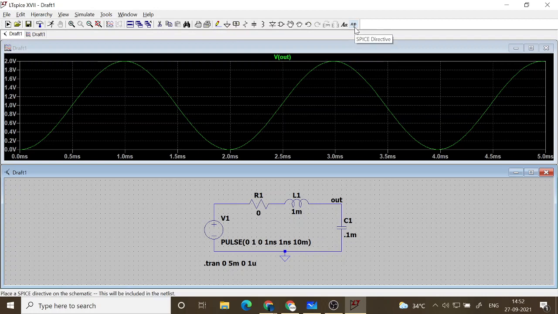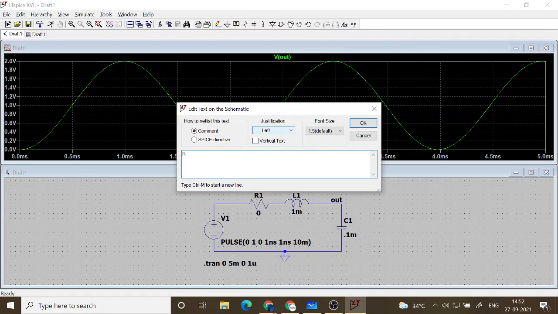When you give a step input, the output is going to keep on oscillating forever. It is not damping. So R equal to 0 is called undamped oscillation.